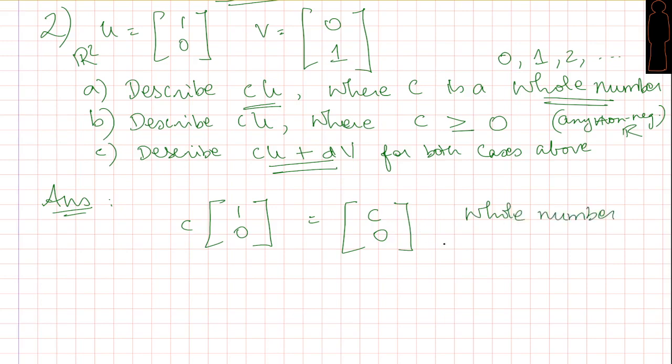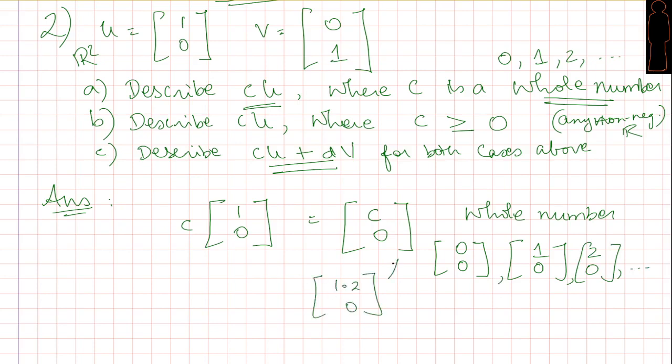When we start from (0, 0), you will find that this one fits into this pattern, then (1, 0) fits in, (2, 0) fits in and so on. Now question is, does (1.2, 0) fit into this pattern? No, this doesn't fit in because it's not a whole number.